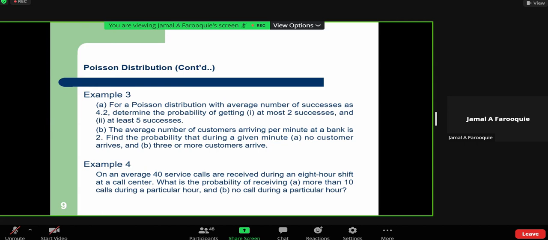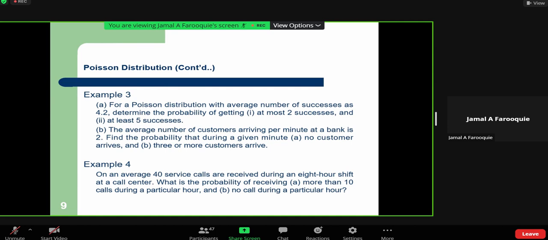Is this clear to all of you? You can't add it like 10 plus 11 plus 12 because there is no end there. Therefore it has to be 1 minus x less than or equal to 10.